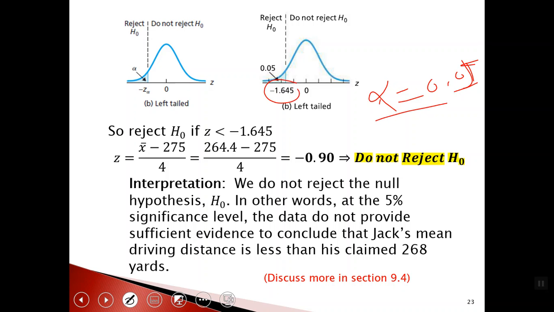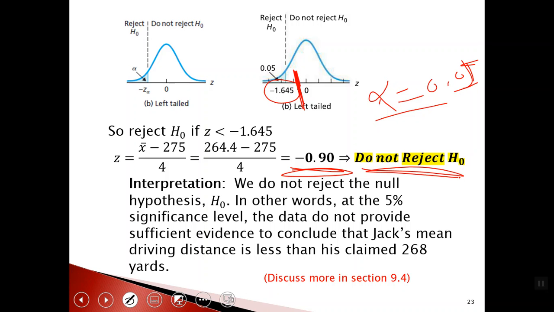Now where is your calculated value, negative 0.9? It is somewhere here, right? Very close to 0, but negative. Clear?